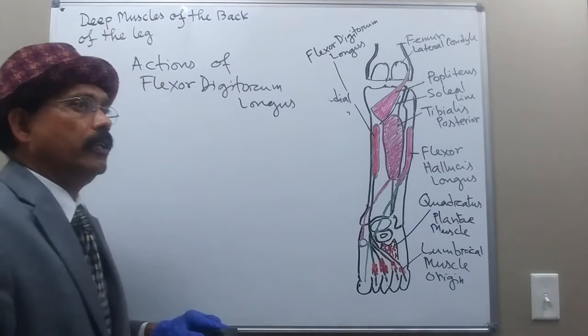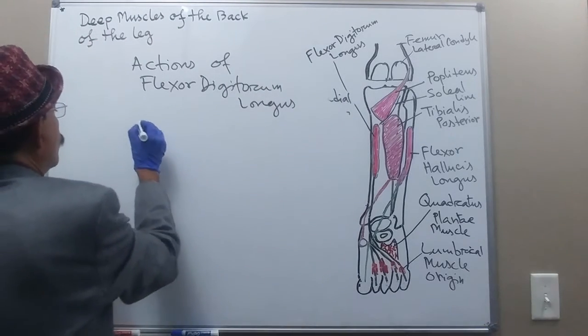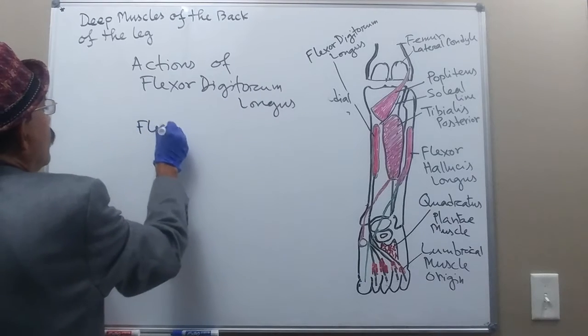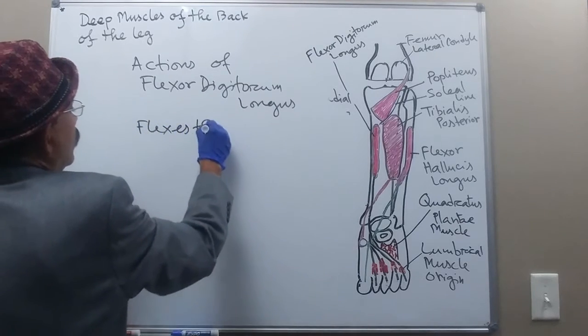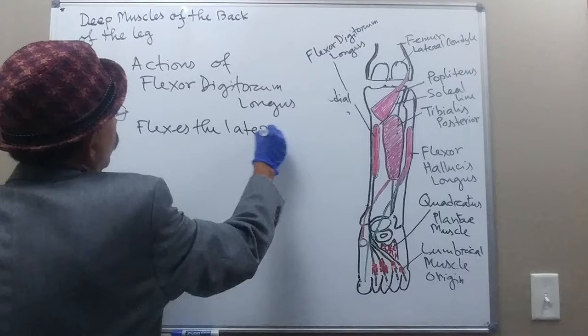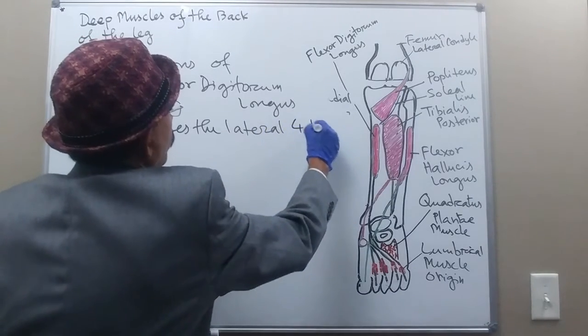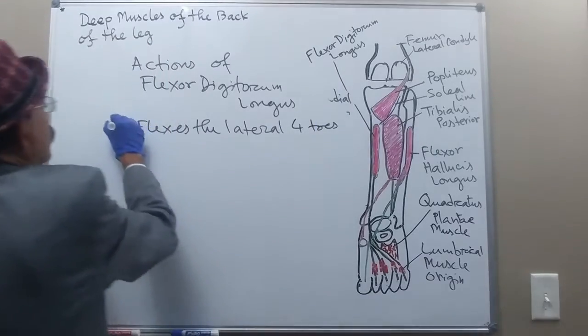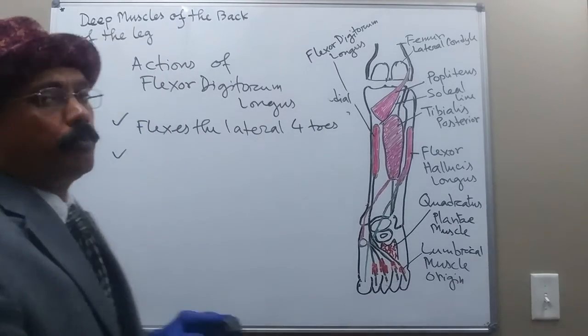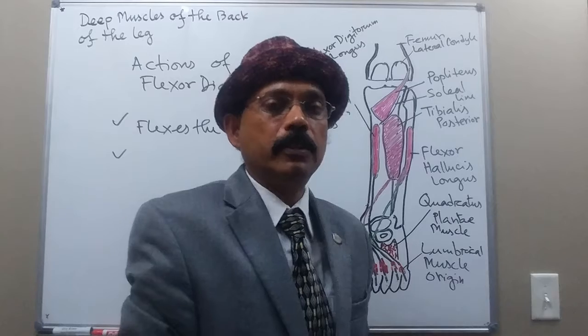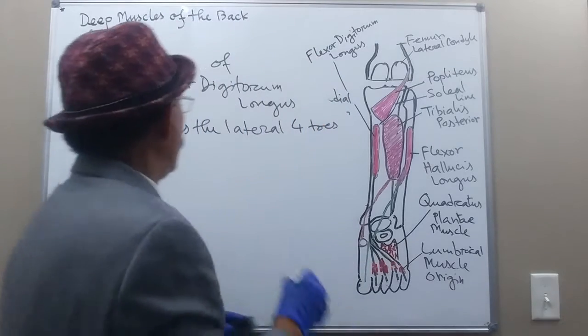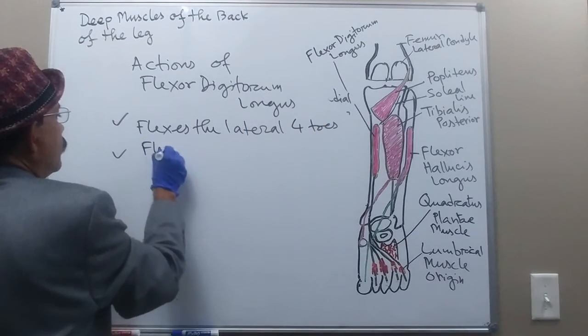So it flexes the toes, the lateral 4 toes. It also flexes the ankle joint because it passes over the ankle joint.